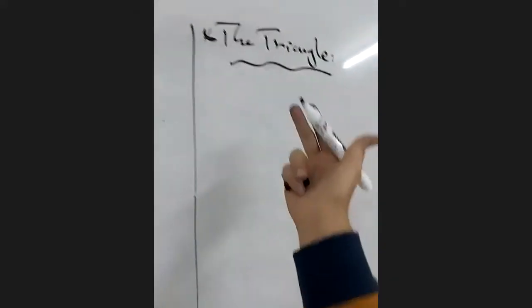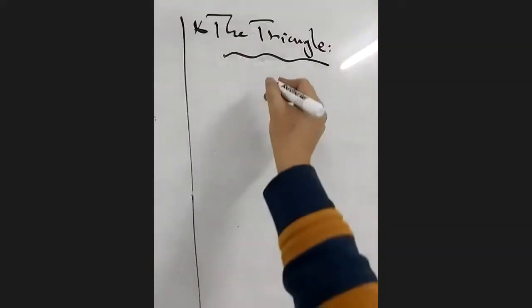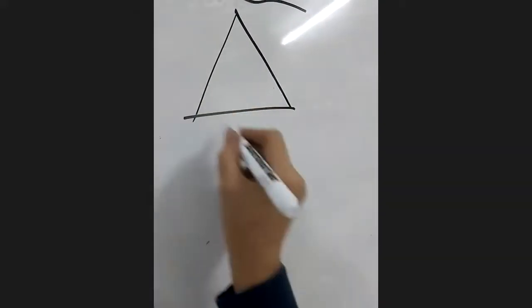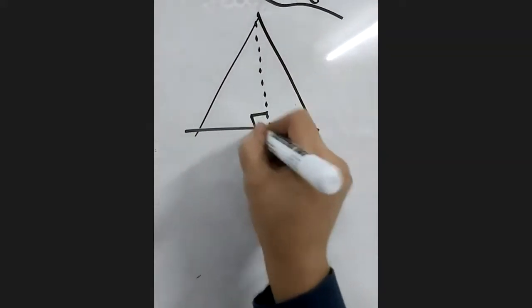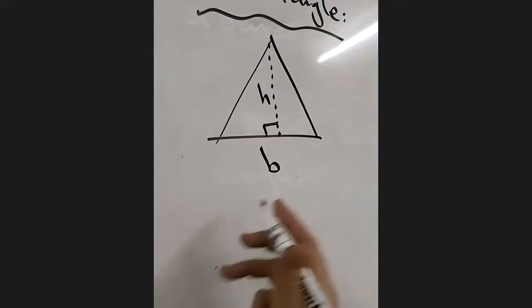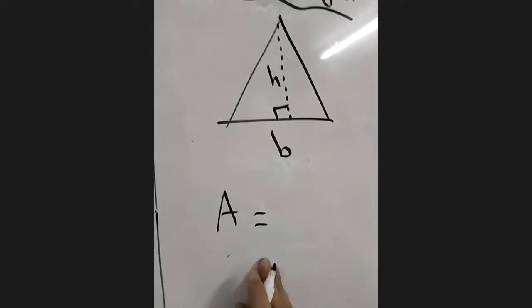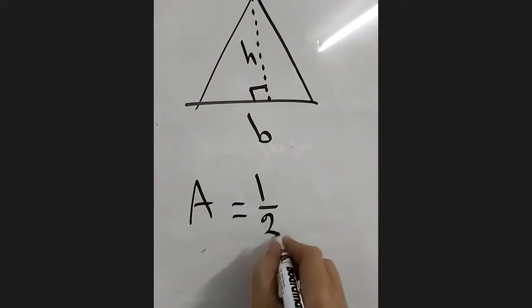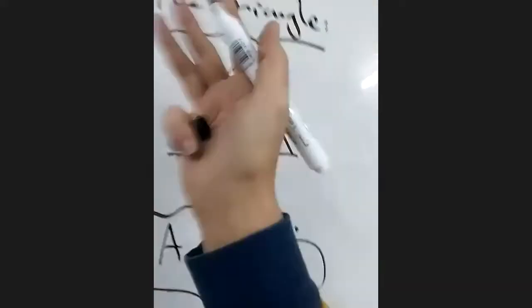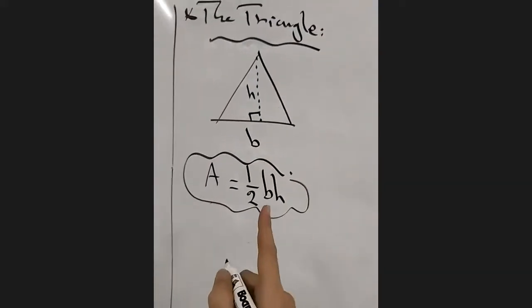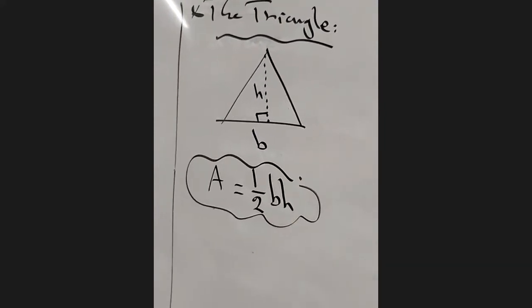So the triangle is half of the parallelogram. If we have a triangle, guys, with base B, and here the height H, we can find the area. The formula is half BH. This is the area of the triangle. Half multiply the base, multiply the height.